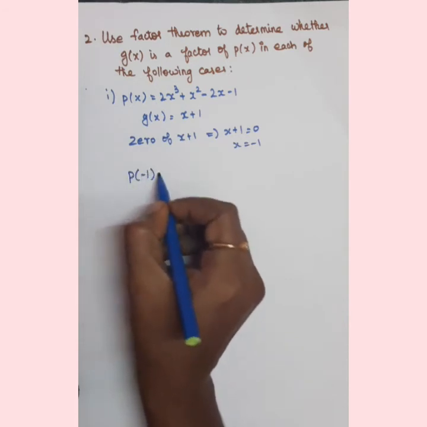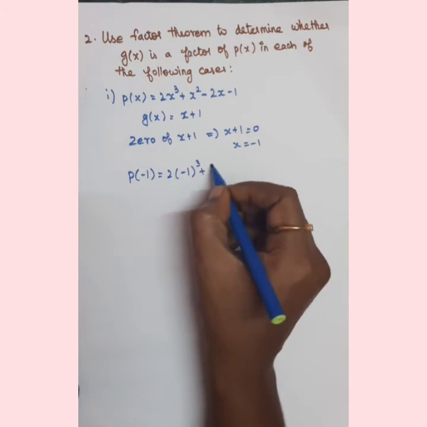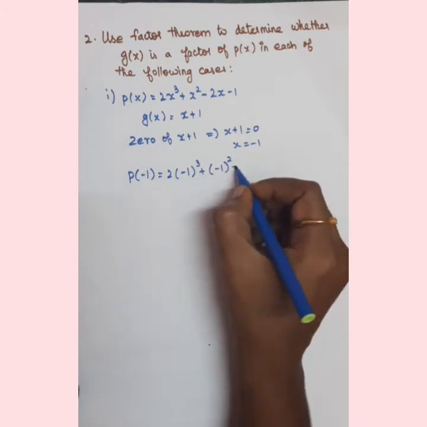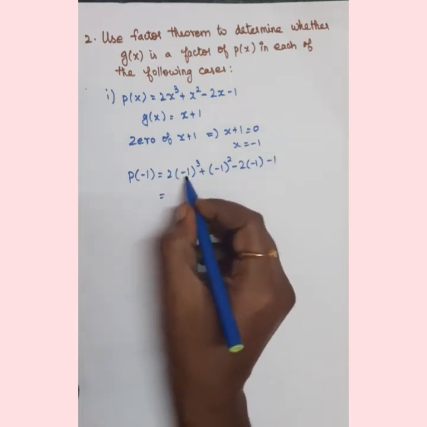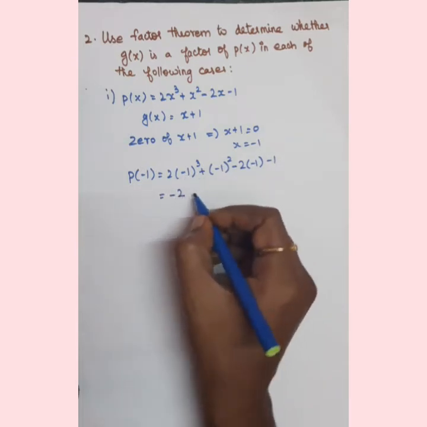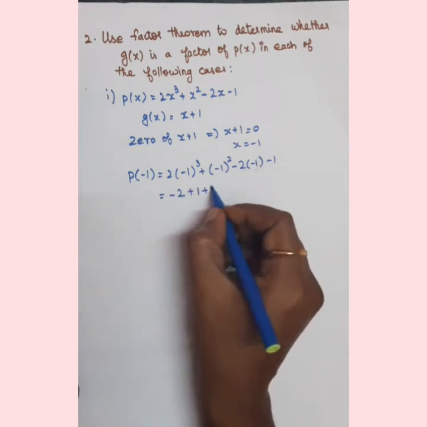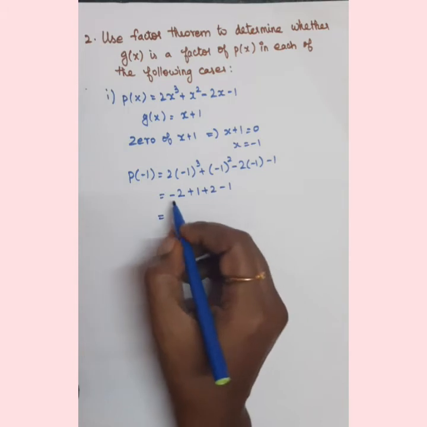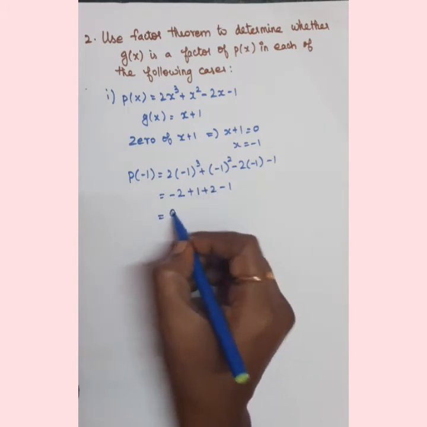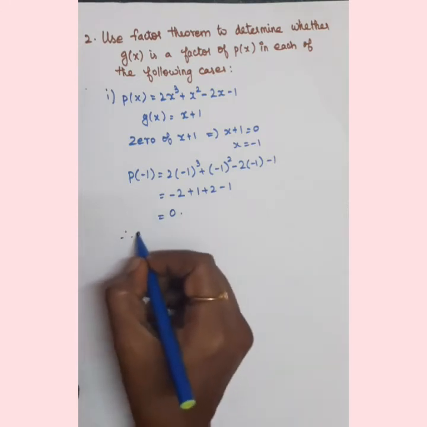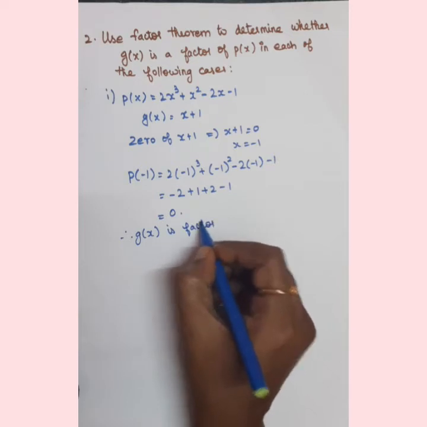That is p of minus 1 equals 2 into minus 1 the whole cube plus minus 1 the whole squared minus 2 into minus 1, which equals 2 into minus 1 cube is minus 2 plus 1, minus 2 into minus 1 is plus 2 minus 1, which equals minus 2 plus 2 we get 0, 1 minus 1 is 0. So the answer is 0. Therefore, g of x is a factor of p of x.